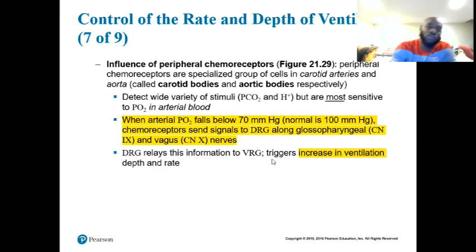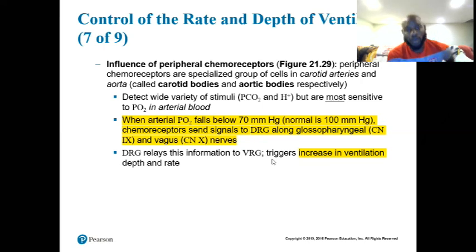And then we have the influence of peripheral chemoreceptors, specialized group of cells in the carotid arteries and the aorta. We mentioned these a little bit, I think, when we talked about the blood vessels. They can detect a wide variety of stimulus, partial pressure of carbon dioxide, hydrogen, but also they're most sensitive to your partial pressure of oxygen in your arterial blood.